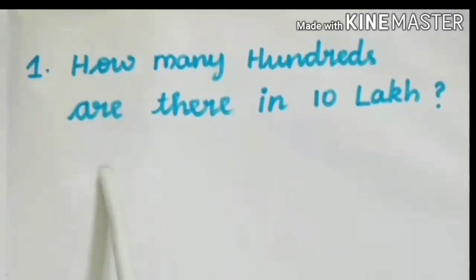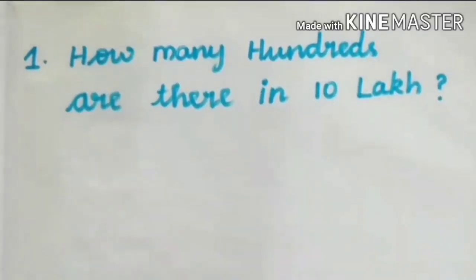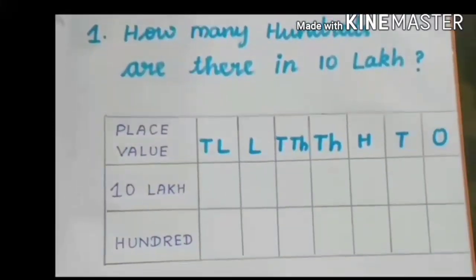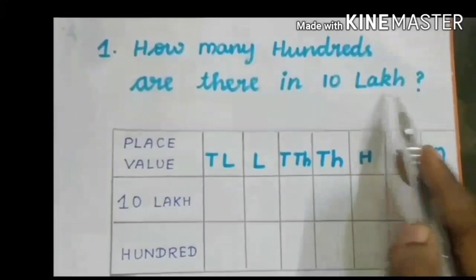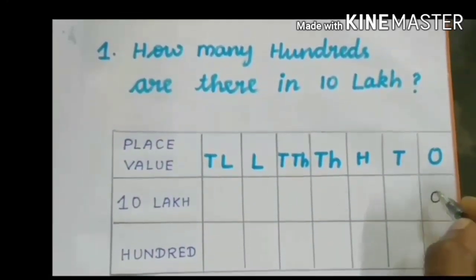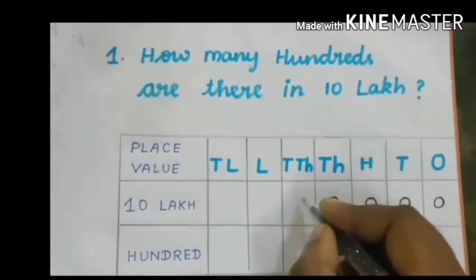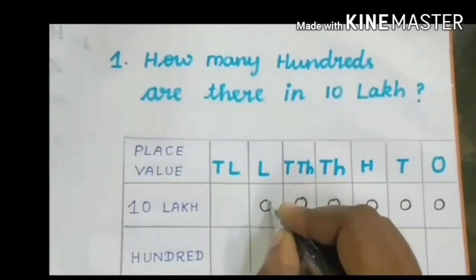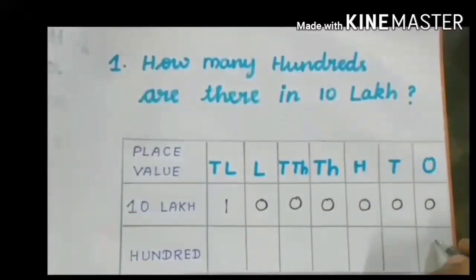Here the first question is, how many hundreds are there in 10 lakh? To find the solution, first draw the place value chart. First, you have to write the highest value, 10 lakh, in the place value chart. Ones, tens, hundred, thousand, 10,000, lakh, 10 lakh. Then you have to write the hundred value.